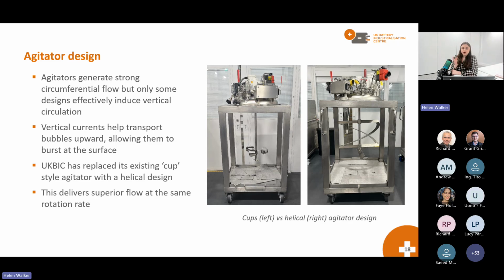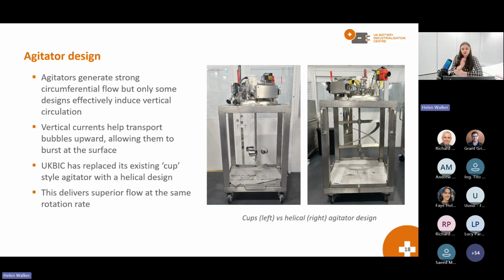Some designs of agitator, well, all agitators will induce a circumferential flow. Some designs of agitator will be better at inducing vertical currents of flow. Now, if you can induce vertical currents of flow, you're not only relying on buoyancy to degas your slurry, but you're also convecting those bubbles up to the surface where they can pop.